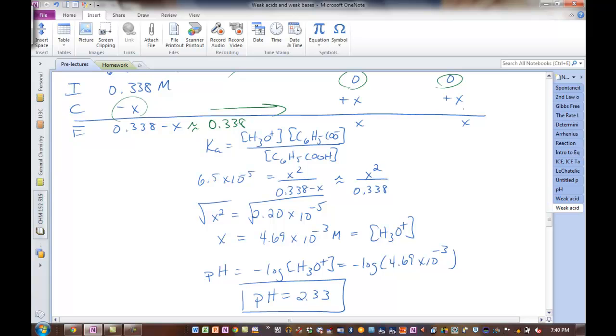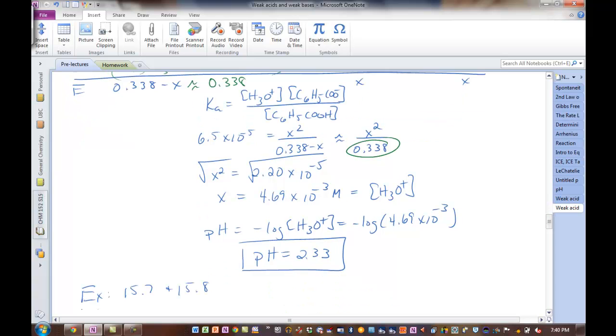Weak acids only ionize to a small amount. And so this X is going to be very small, hopefully, and we'll check that when we're done. Very small, so that 0.338 minus a really small number stays about 0.338. So that simplifies our calculation.